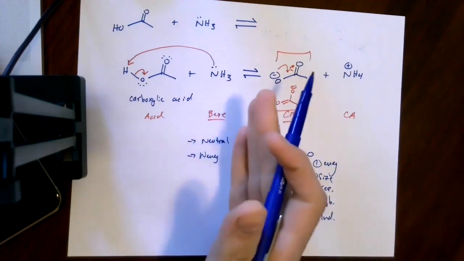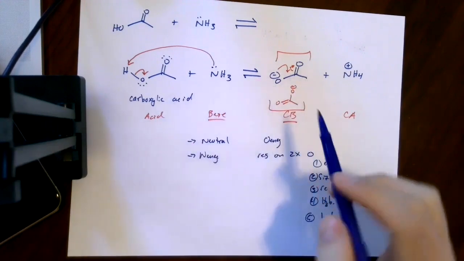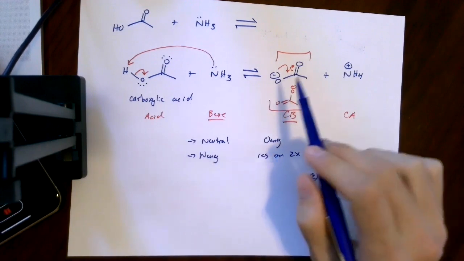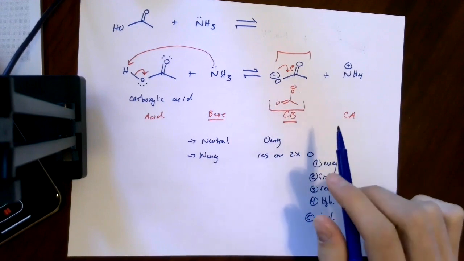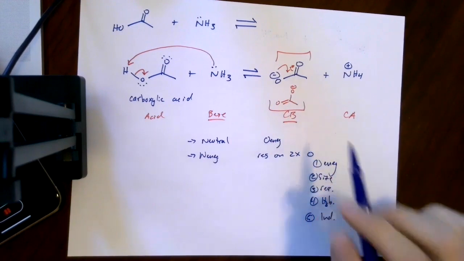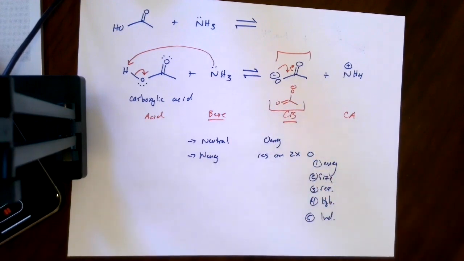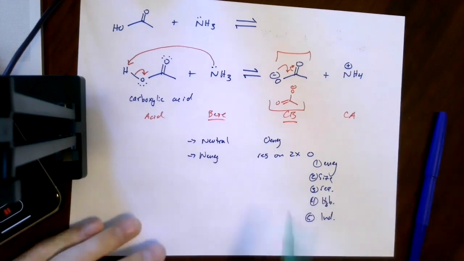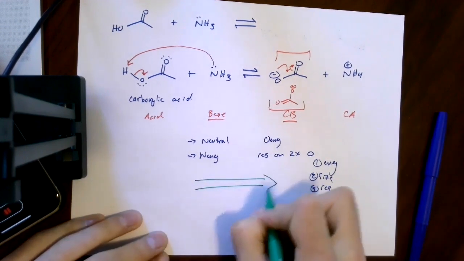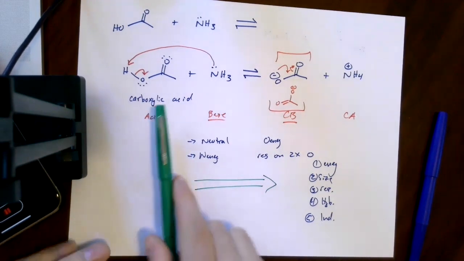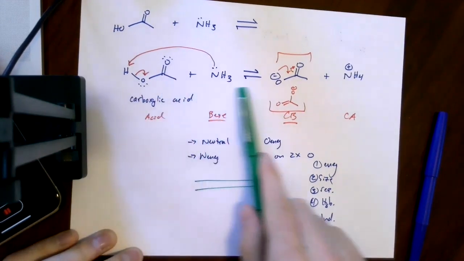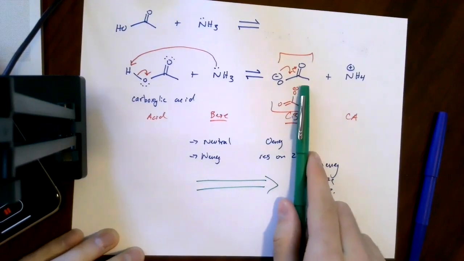So while the left side is neutral, on the right side we have a negative charge on 2 extremely electronegative atoms linked through resonance. And because of that, the argument will dictate that equilibrium moves to the right side. And that's because we have a situation in which the resulting conjugate base is so stable.